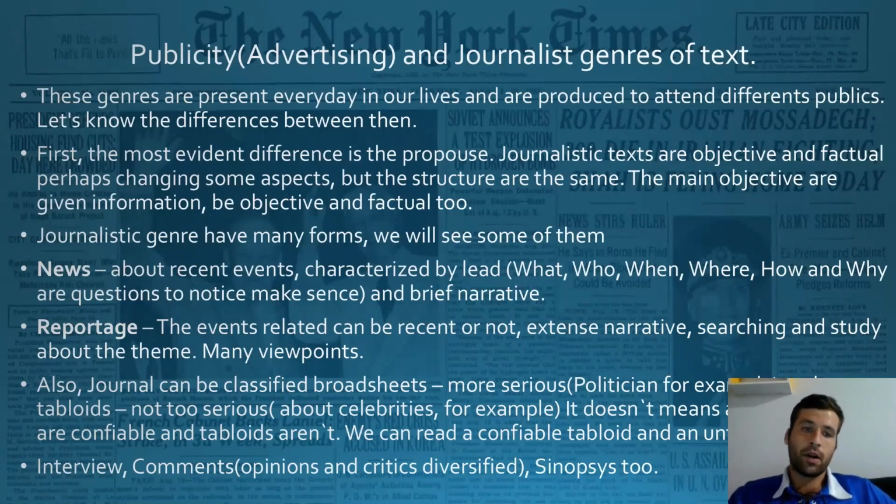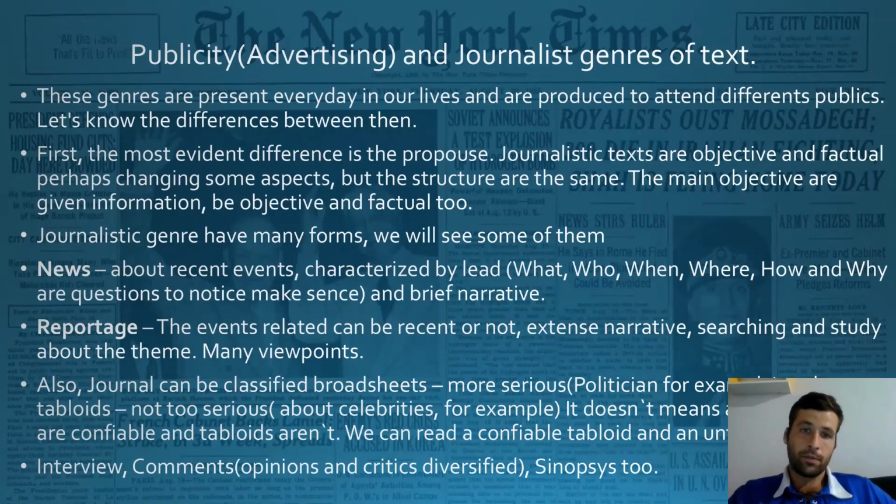News is about recent events, characterized by the lead: what, who, where, when, how, and why are questions that make the note make sense. Reportage, the events related can be recent or not. Also, journals can be classified as broadsheets, more serious, and tabloids, not so serious.